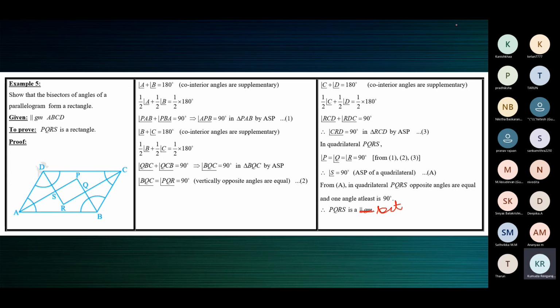Given parallelogram ABCD, after that, the bisectors of angle A and B meet at P. The bisectors of angle B and C meet at Q. The bisectors of C and D meet at R, and the bisectors of A and D meet at S. Under given, please write these 4 also. And so on. And then to prove, proof.